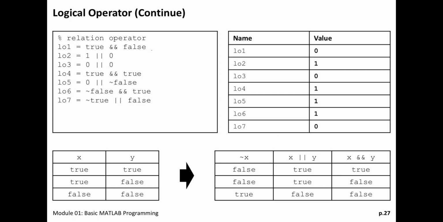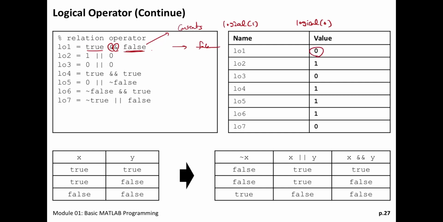This is n, and true and false are constants that indicate the logical 1 and logical 0, right? The and operator: true and false becomes false because there's a false here, right?